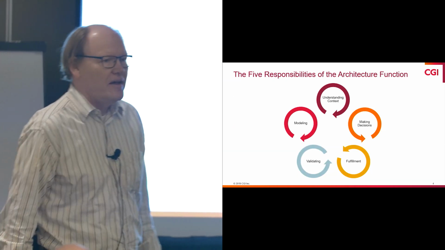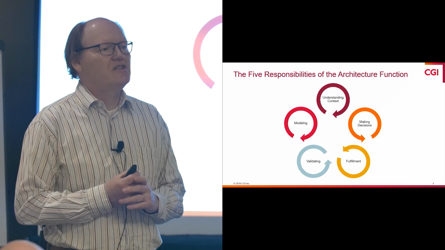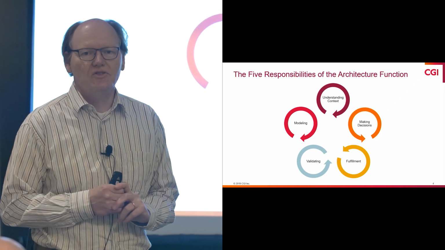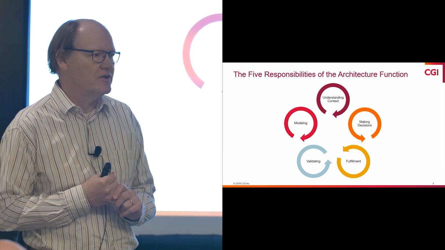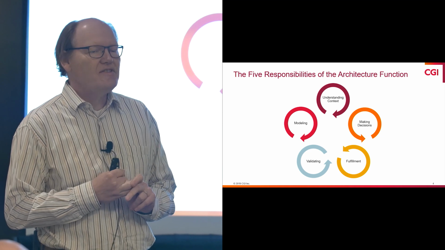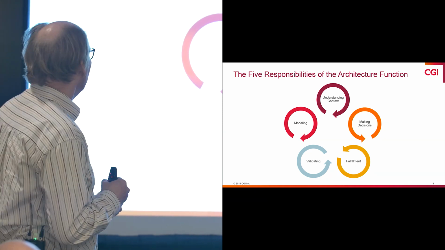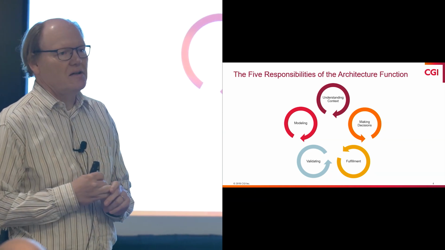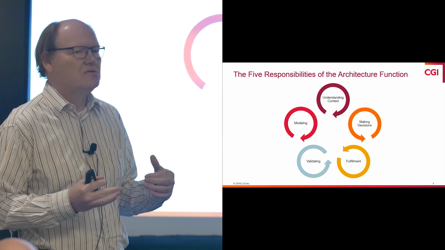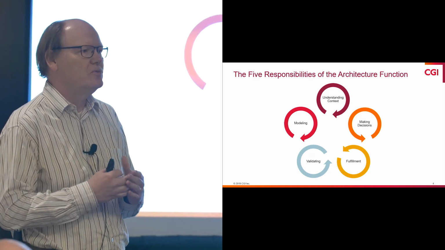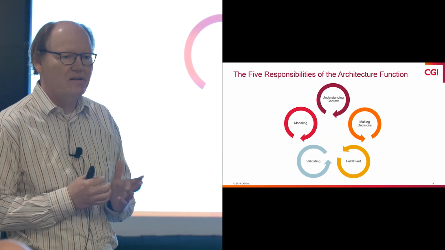And the model that we are using is based on what we call the 5 responsibilities of the architecture function. These are 5 things that architecture should do. I'm not saying that the architect should do, because not all organizations have architects.